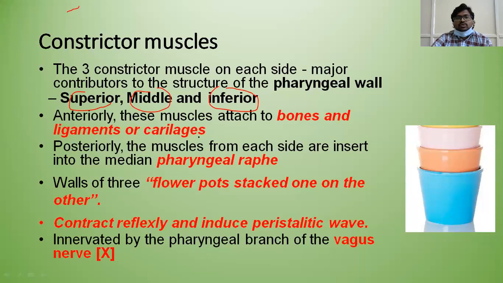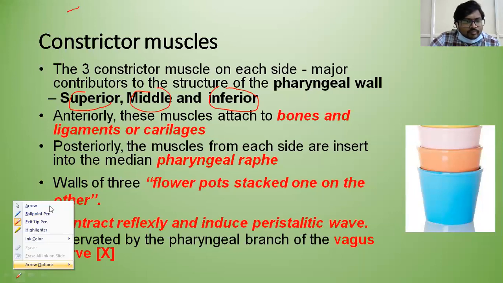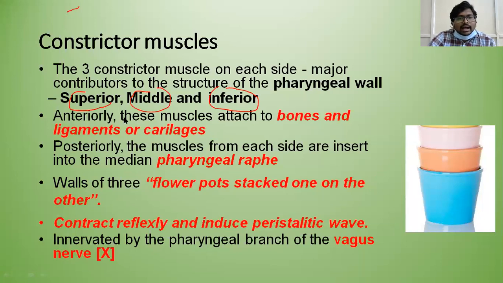The important thing to note is that anteriorly, these muscles have attachment to bones, ligaments, and cartilages. But posteriorly, all these muscles insert into a fibrous structure known as median pharyngeal raphe.